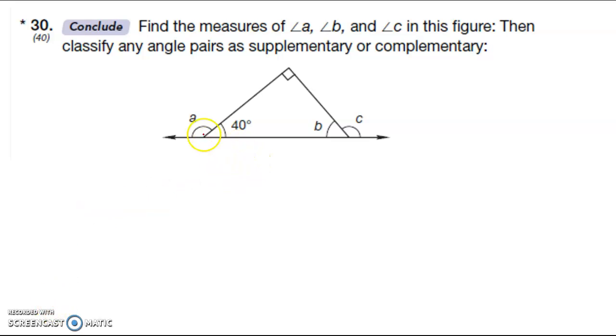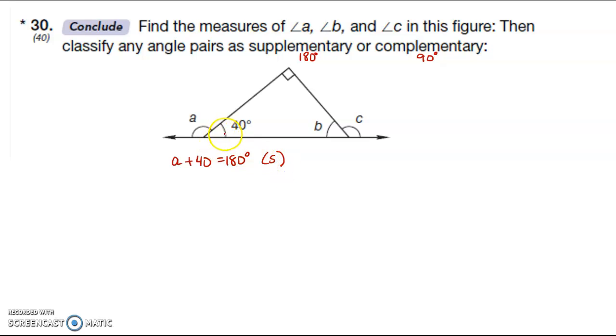Okay, so let me tell you how you're going to do this. And it says find the measures of A, B, C in this figure and then classify any angle pairs as supplementary. Supplementary adds up to 180, or complementary, which adds up to 90 degrees. So I know that A plus 40 is equal to 180, because that's a line, which is supplementary.